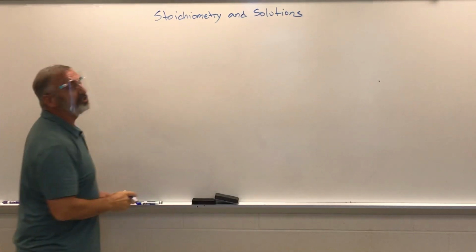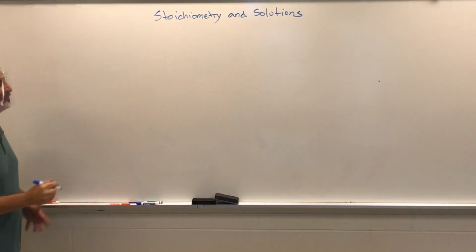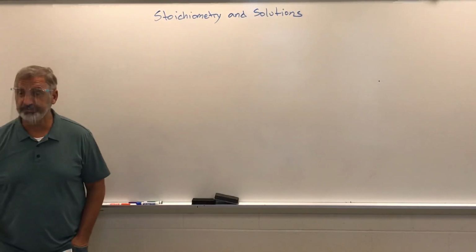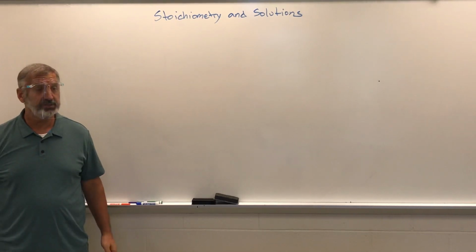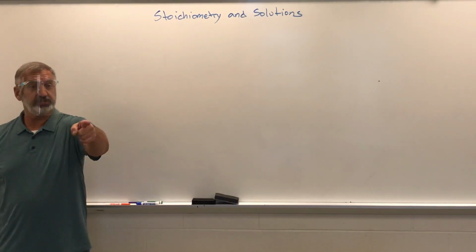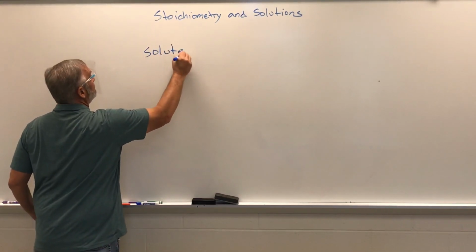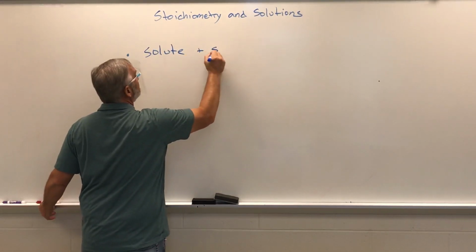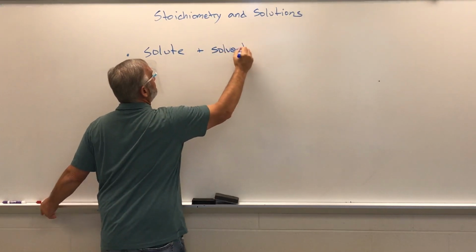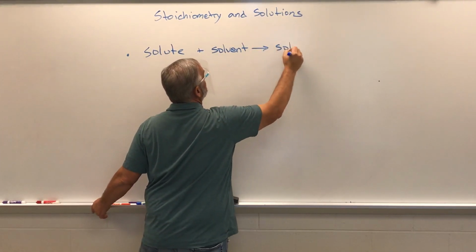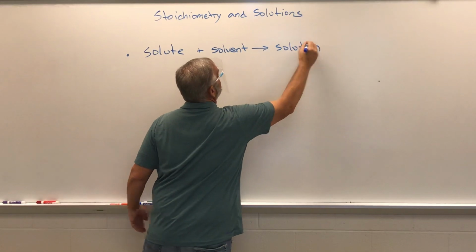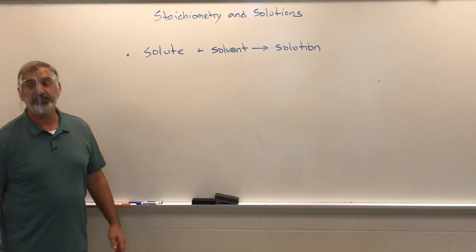Okay, so let's just do a little review of solutions. What makes a solution? What are the two parts? Solute and solvent. So solute plus solvent yields a solution. Now again, just to clarify, which one is which?